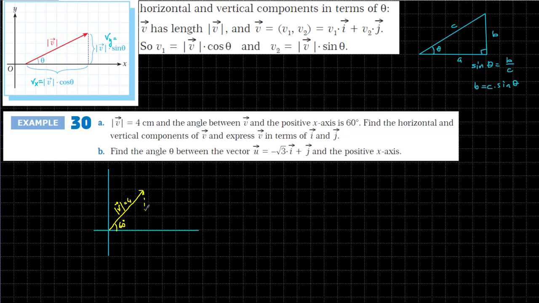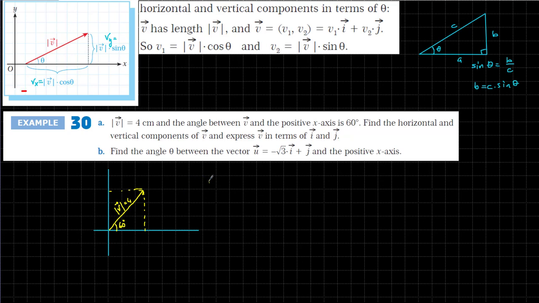So how to find the Vx and Vy? Firstly, we are going to concentrate on that one. So Vx is equal to the length of V. I'm sorry, I'm always confusing Ux and Vx.